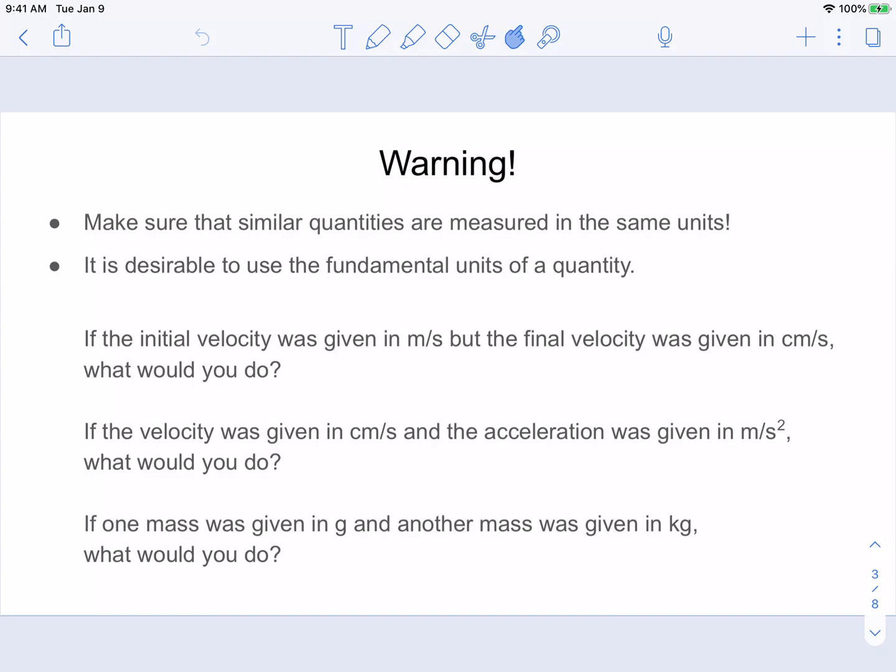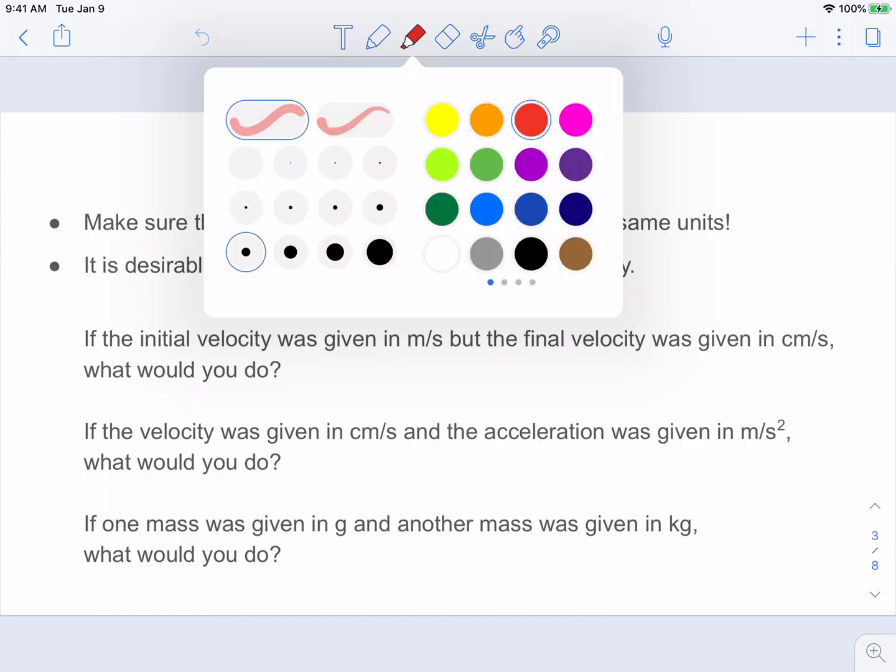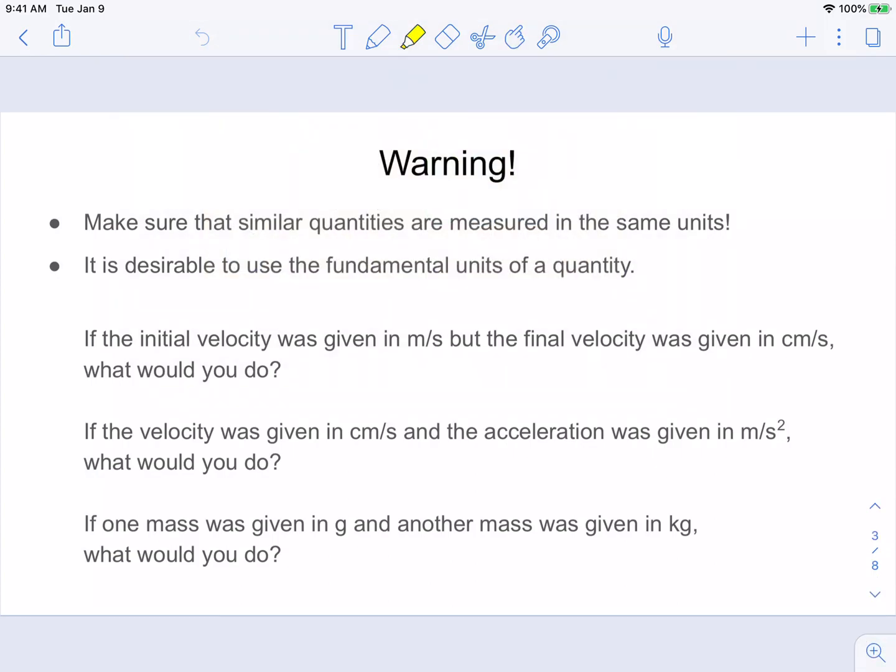It is desirable typically to have these units in the fundamental units, and I'll show you why in a moment. If the initial velocity in a problem is given in meters per second, but the final velocity was given in centimeters per second, what would you do?